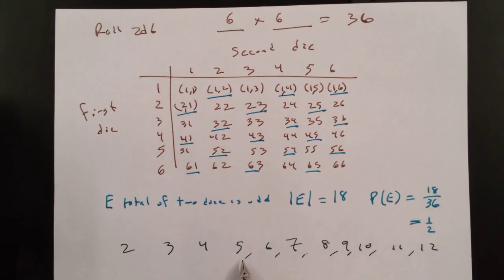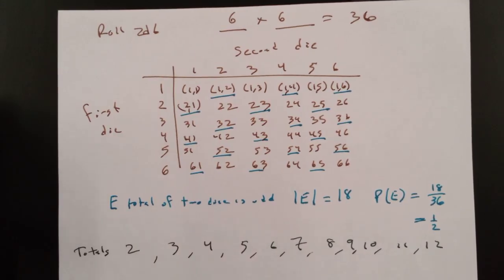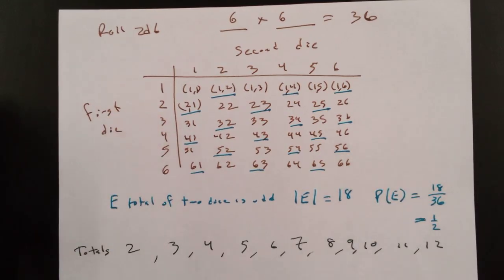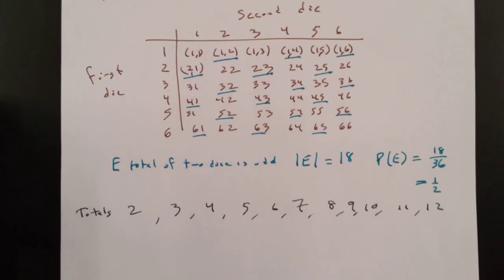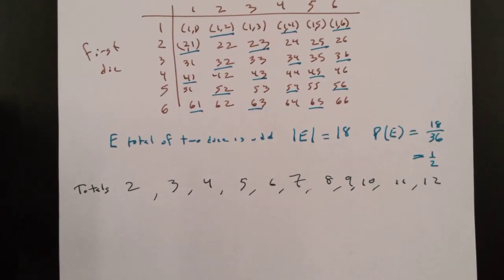That's the best I can do on 2d6. So why not just use this list instead of this list? Well, here's where our definition comes back into play. In order to use this counting argument, I need to have equally likely outcomes.